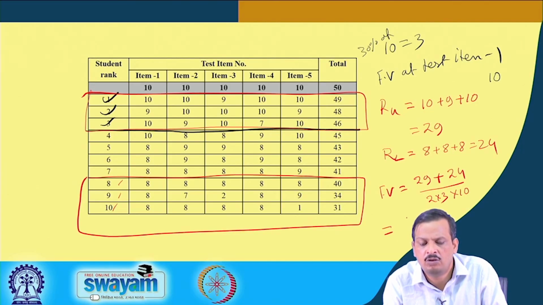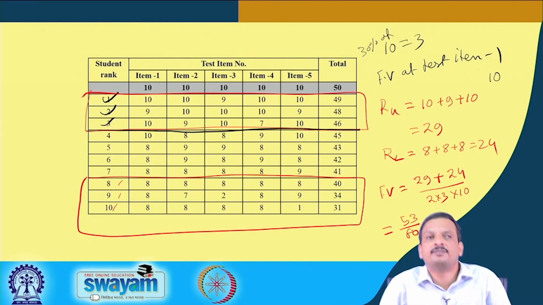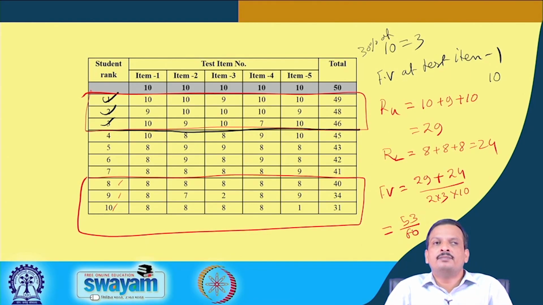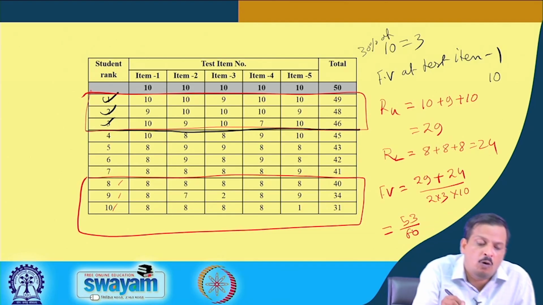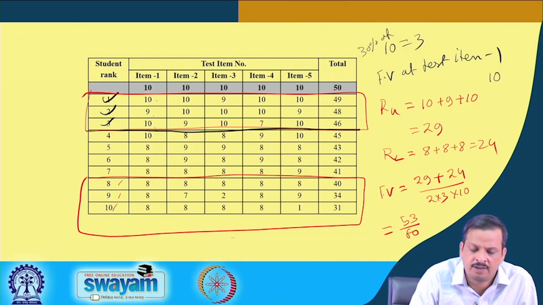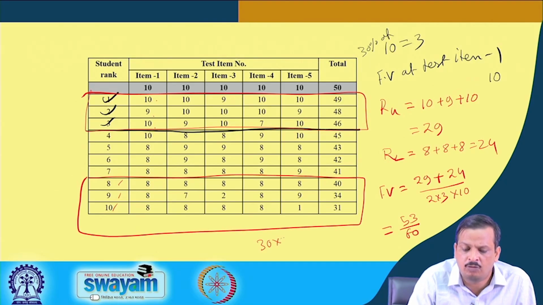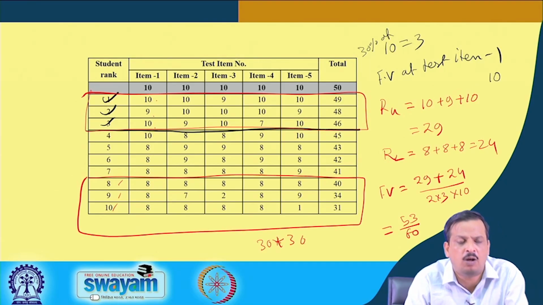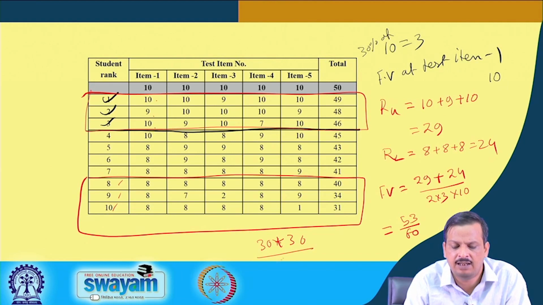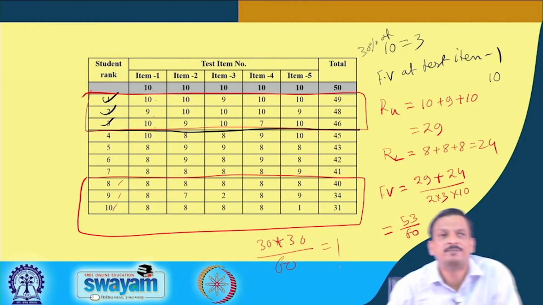So, equal to 53 by 60. If all 3 students get 10, then 30 plus 30, all lower group students get 10, 30 divided by 60 is equal to 1.